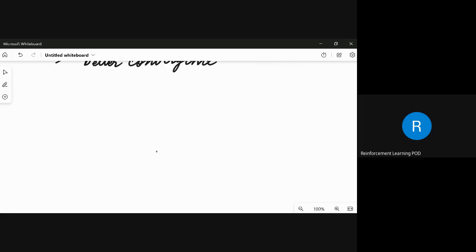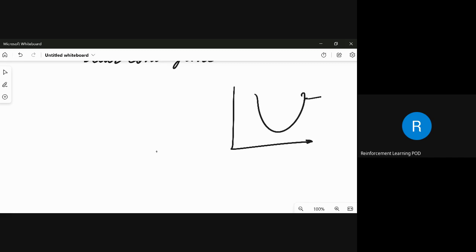Before we move on, I'll draw the version that we normally study in machine learning. This is your cost function J theta, and this is your theta.